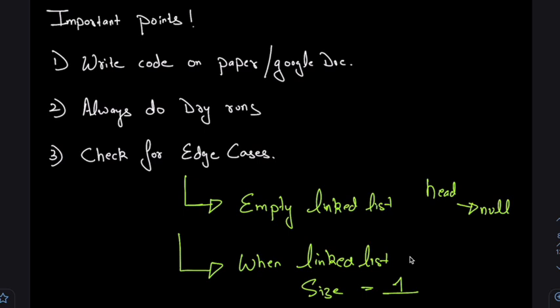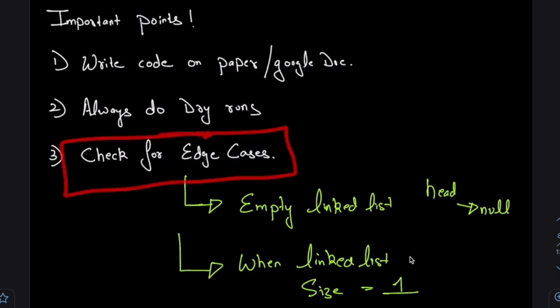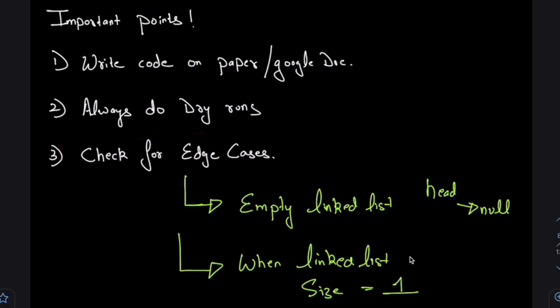There's a process that you have to follow, and the most important part of the process is checking for edge cases. It's very important. The algorithms, the solutions for linked list questions will always be simple, but it's the edge case which can be the deciding factor whether you got the solution accepted or not. So it's very important. Okay.